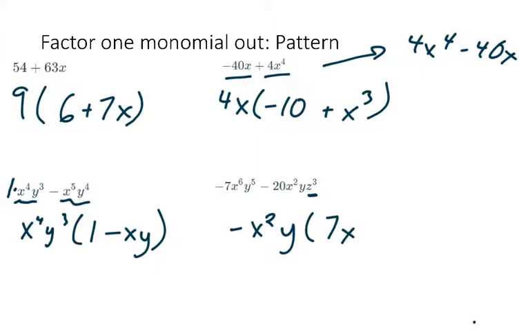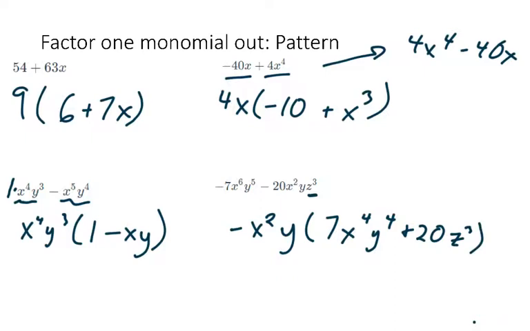Taking 2 of the x's out leaves 4 of them. Taking 1 of the y's out leaves 4 y's. I'm taking the negative out of the 20, so it's actually going to be a positive 20. That's an easy thing to forget, so pay attention. We've taken both of the x squareds out, the y out, so the only thing left is the z cubed.